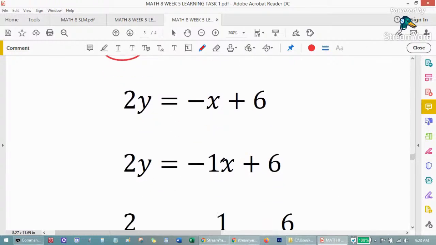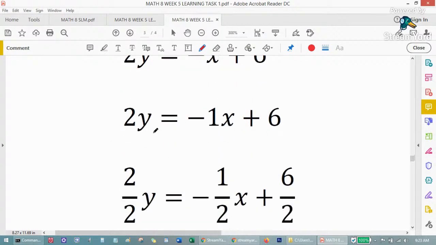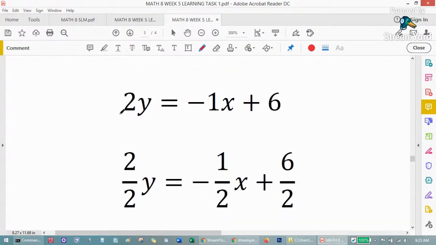And then, ang y equals mx plus b, medyo malapit na, but the problem is, merong coefficient ang y, so kailangan i-divide natin lahat ng mga coefficient ng 2, para hindi magbago ang value ng equation.